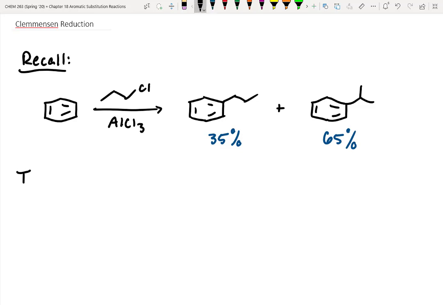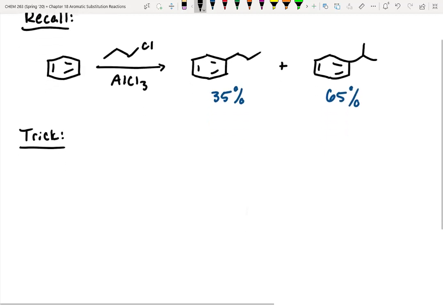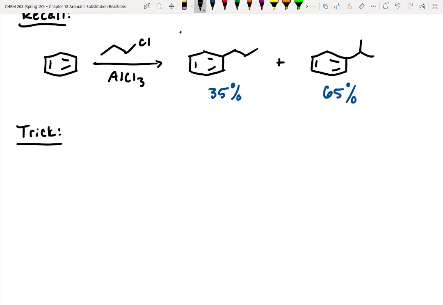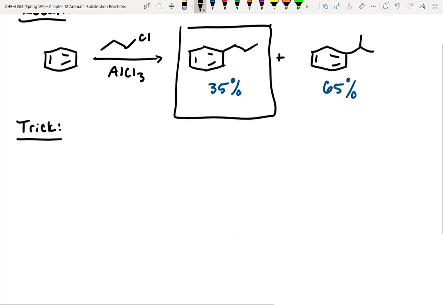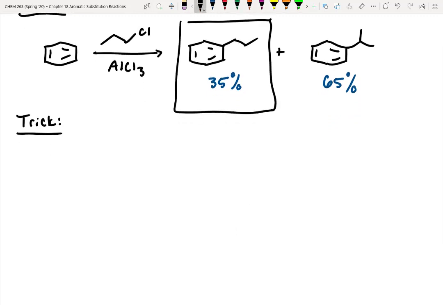This workaround that I'm going to talk about is called the Clemmensen reduction. And so what you can do if you really want this compound is you can first do a Clemmensen reduction. So let's figure out what that would look like. Well, we know that we need 1, 2, 3 carbons.